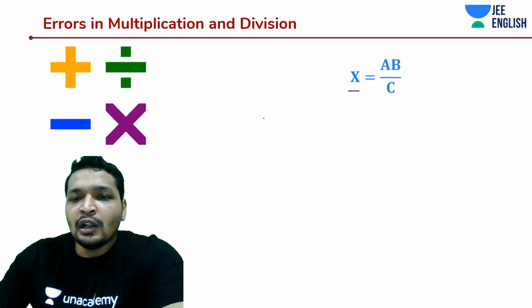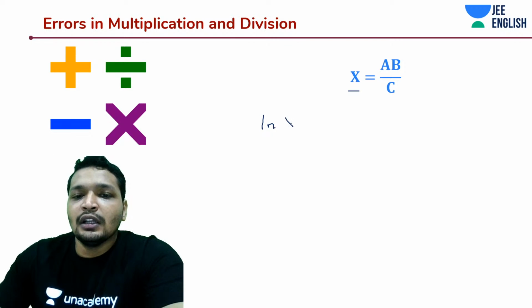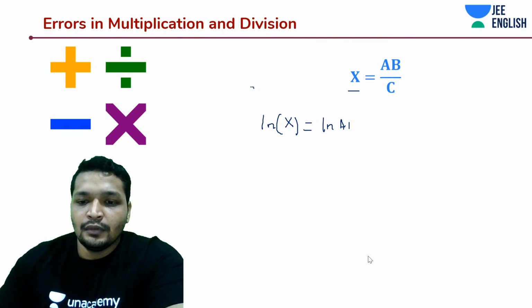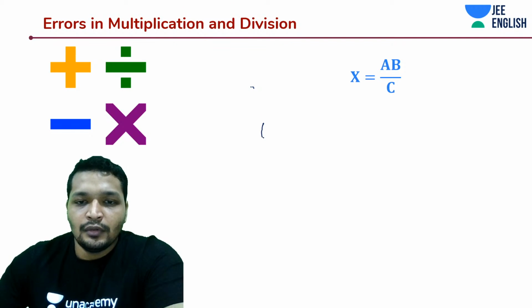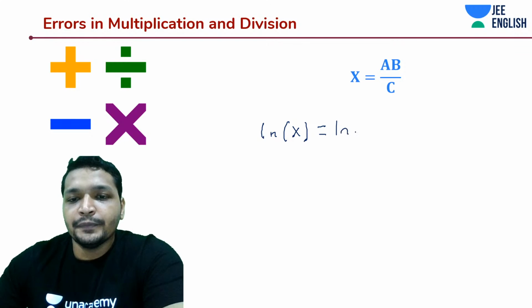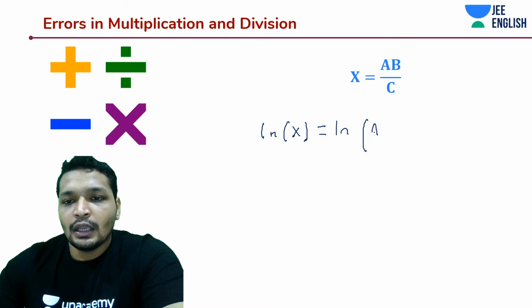But I'm going to apply log on both sides. So log x is equal to log of a into b by c.